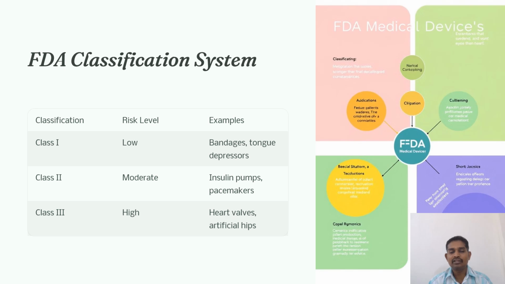Examples of class 1 low risk level equipment are bandages, tongue depressors and thermometers. Examples for class 2 moderate risk level medical devices are insulin pumps and pacemakers. Examples for class 3 high risk level medical devices may be heart valves and artificial hips.